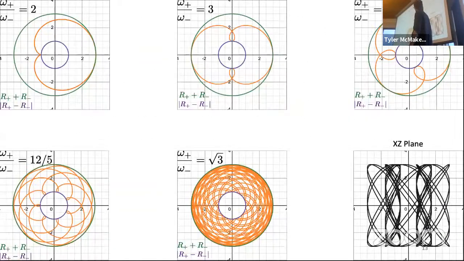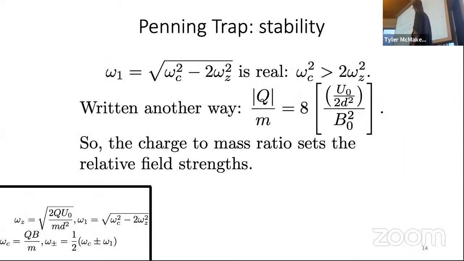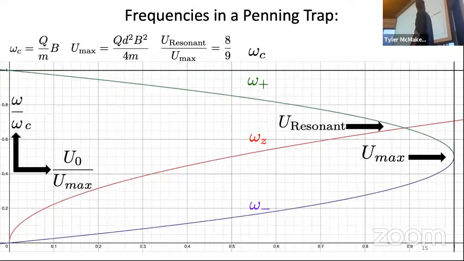So notice, in order for this frequency in the bottom here, this omega plus minus, to make sense, we want omega 1, this quantity, to be real. So that actually gives us a constraint. It tells us, if we're going to trap some charge and mass ratio ion, what field strengths we need to have. So here's a graph showing how, as I increase the potential strength, the frequencies change.